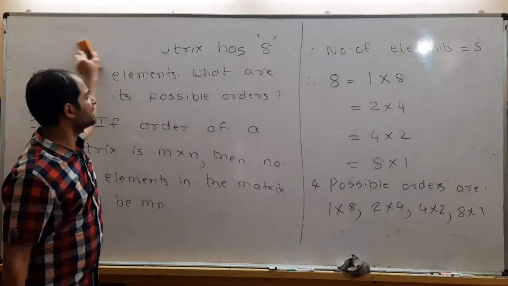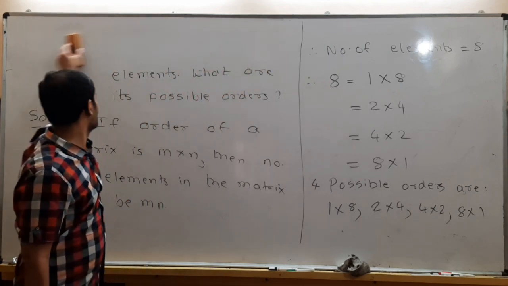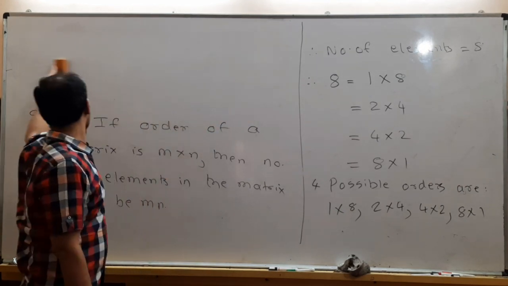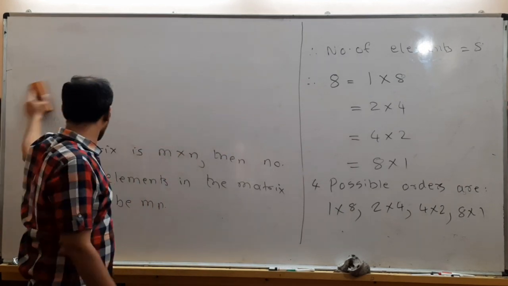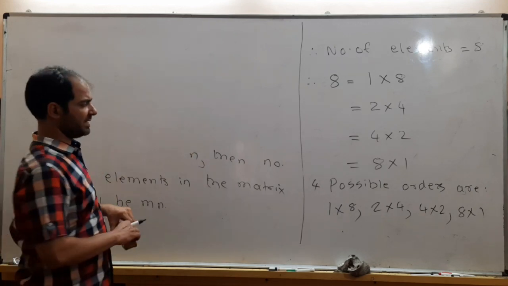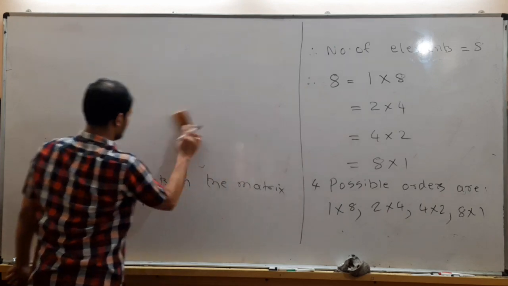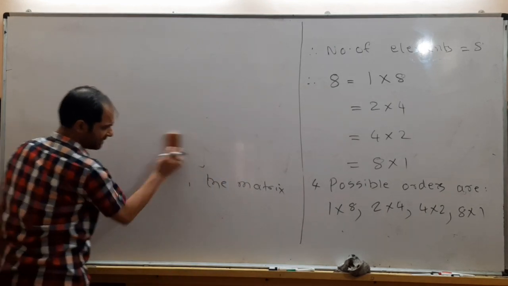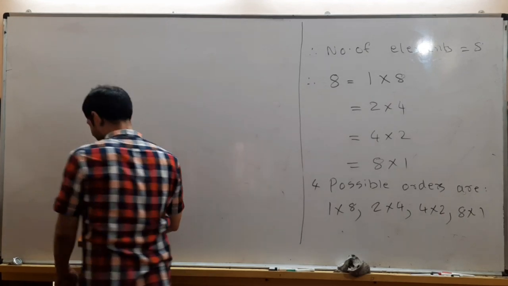So this was example 2. Personally, I feel not very tough. In the textbook, in the exercise, there are I think 2 questions which I will explain when I start with the exercise. So this was example number 2 of matrices.